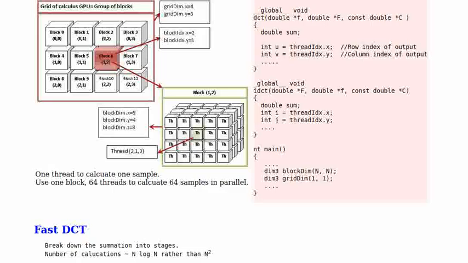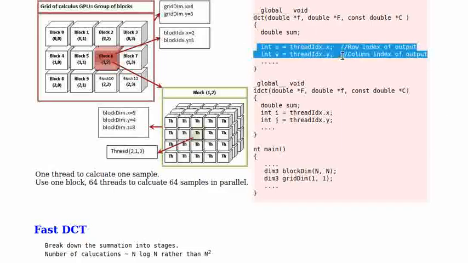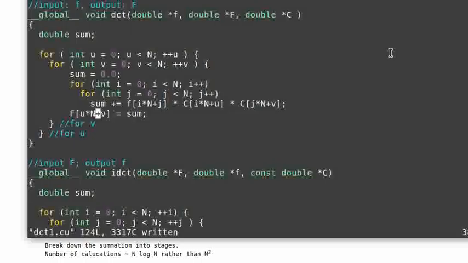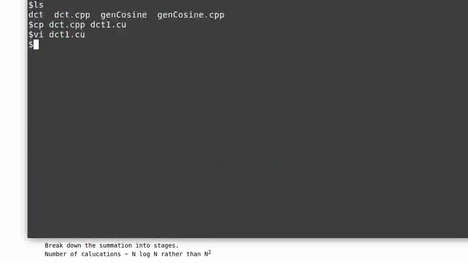So now let's make the changes here. Let's copy this to save some time. So we could copy this to dct.cu.